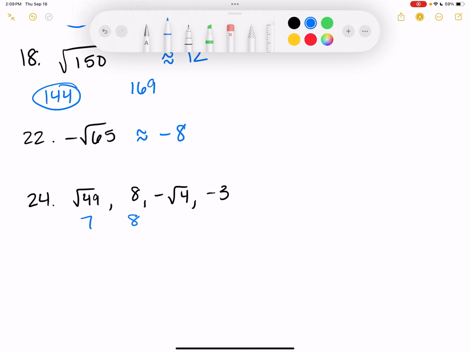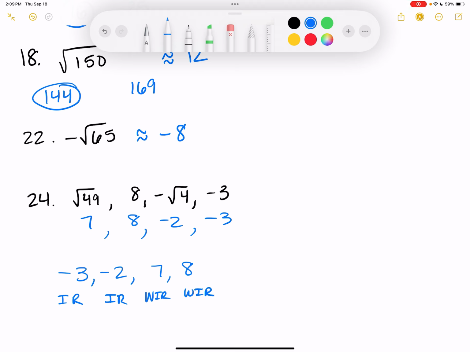This is 7. Negative square root of 4 is negative 2. And then I've got negative 3. So it'd be negative 3, negative 2, 7, 24. The two negatives would be I, R, and the other two would be W, I, R. Integer, rational, and whole on these ones.